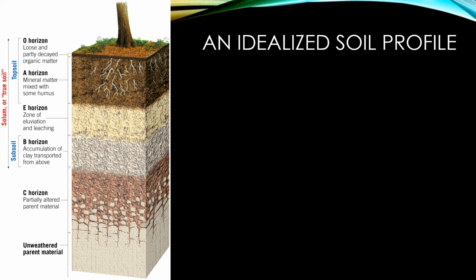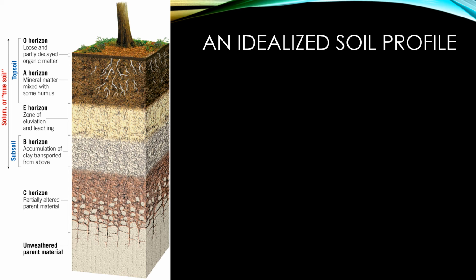So part of that leaching that goes on in the E horizon is that, for example, feldspar minerals that were in the E horizon are chemically weathered as a result of water moving down through the soil column, and that results in that feldspar being broken down into clay minerals that are then leached further down into the B horizon, or this subsoil as it's called here.